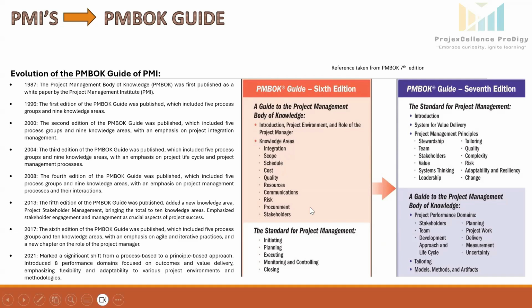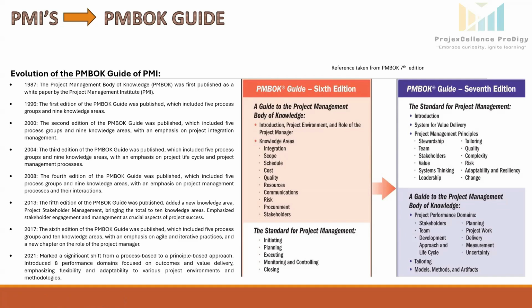Instead of the 49 processes here, PMBOK 7 outlines 8 performance domains: stakeholder, team, development approach and life cycle, planning, project work, delivery, measurement, and uncertainty.